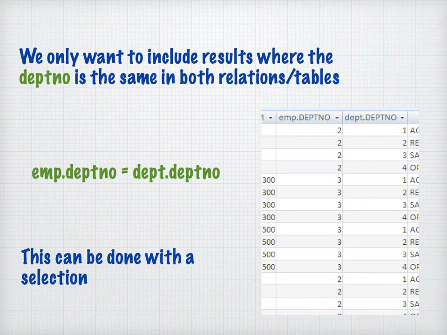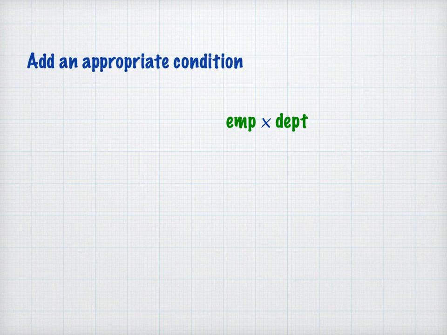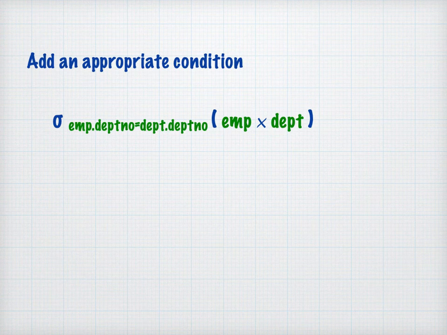So let's write this down in relational algebra. We'll start off with our Cartesian product, so we go emp cross department. That combines everything from the emp relation with everything from the department relation. And we're going to add a condition to the outside. The way that we do that is to use a predicate like this, and we put our condition in: emp.department number equals department.department number.